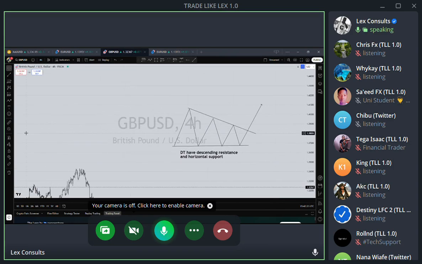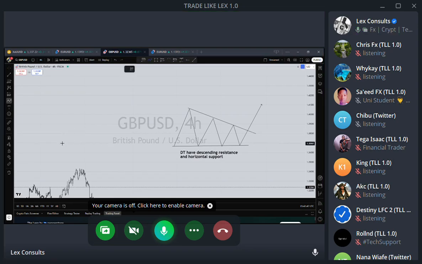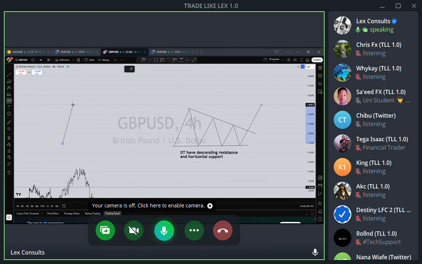So we also have the ascending triangle, which is like the quiet one of the group. So our resistance is horizontal, but our support is ascending.